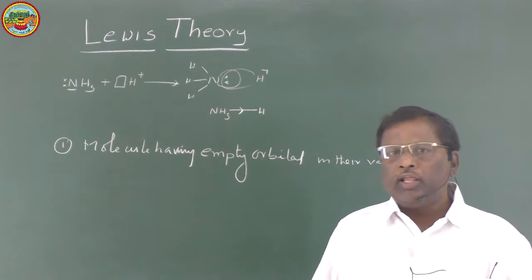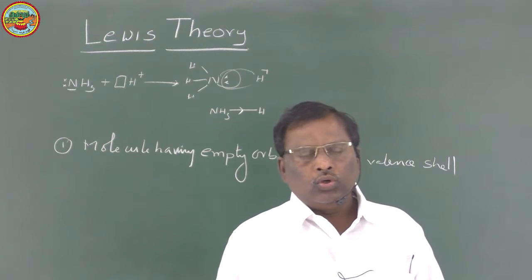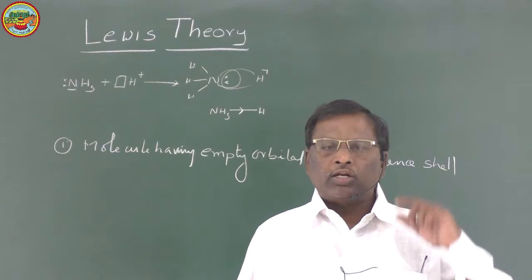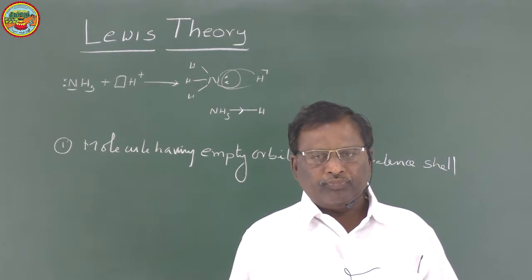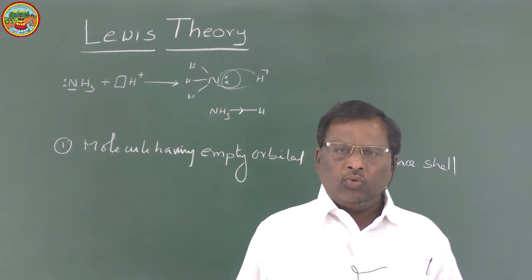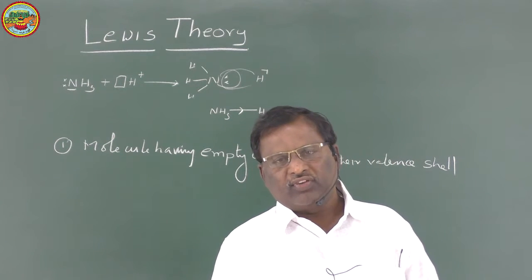But there are certain molecules which are stable even without an octet, for example boron chloride and boron fluoride. That means the whole boron aluminum family has less than octet configurations.